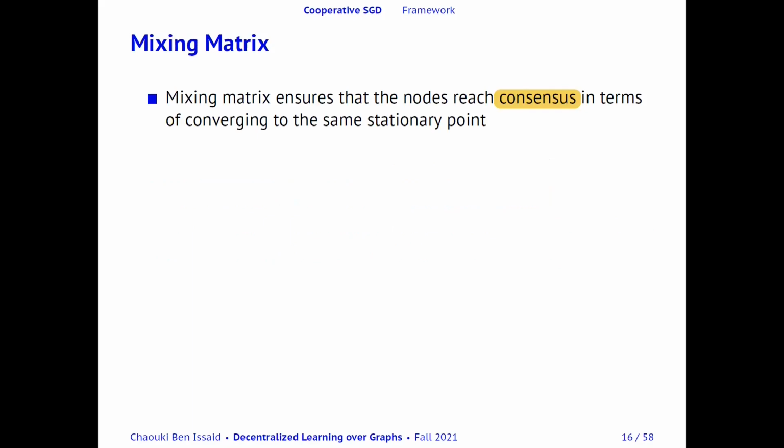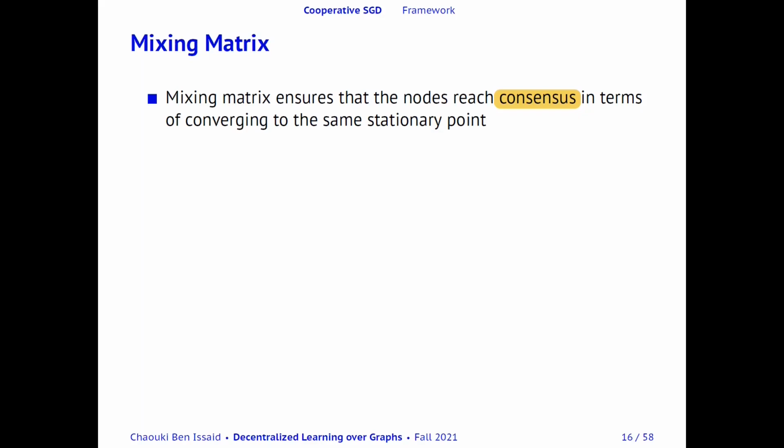The mixing matrix plays an important role in the decentralized learning problem over graphs, since it ensures that the nodes reach consensus in terms of converging to the same stationary point.